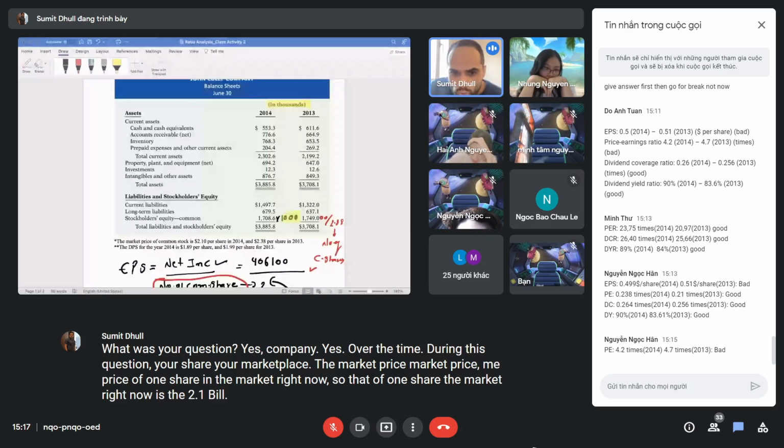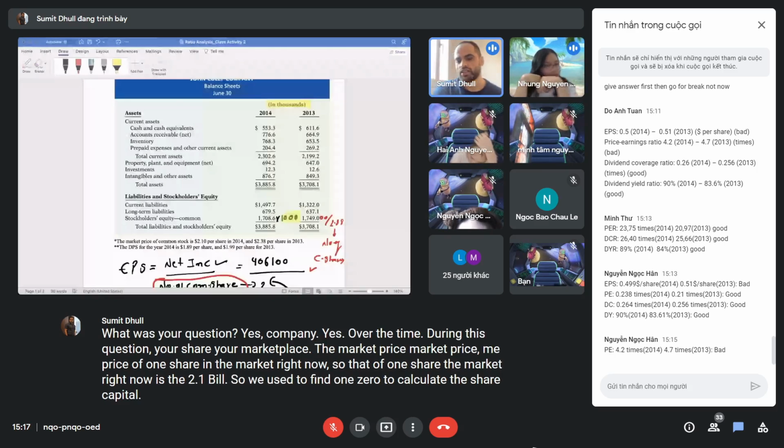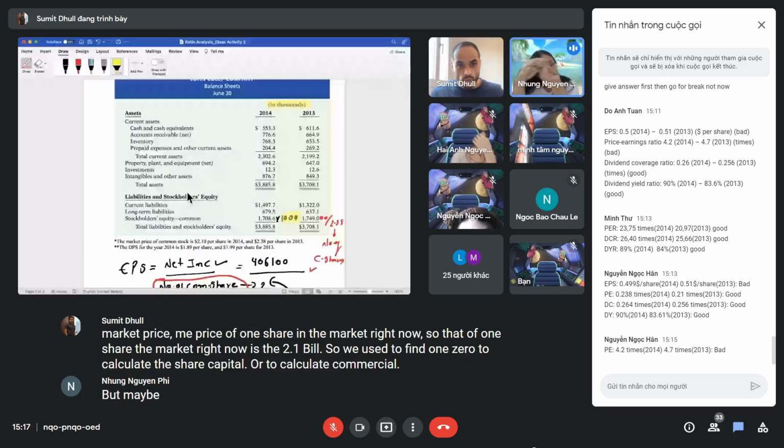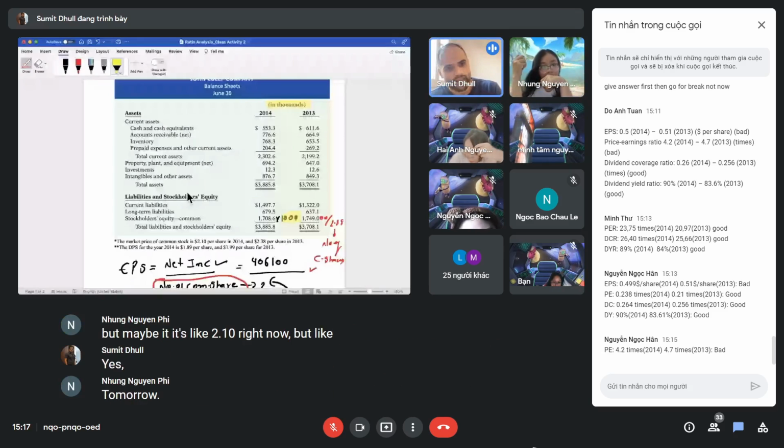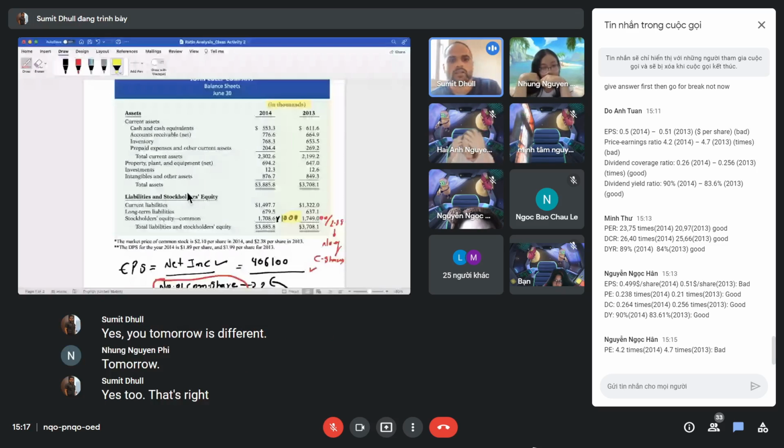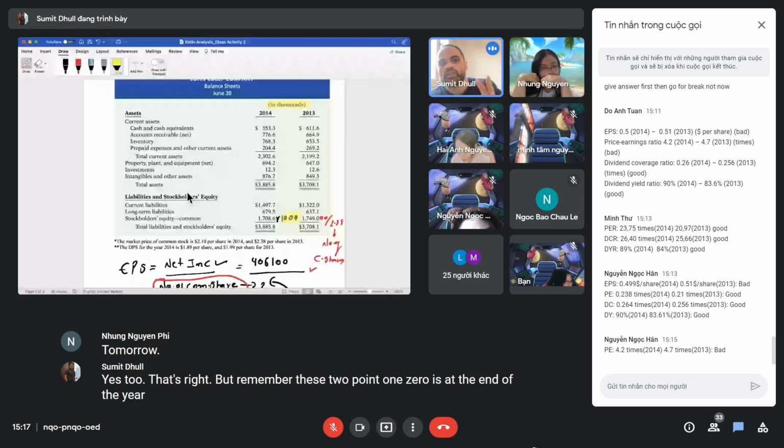So we use 2.10 to calculate. Maybe it's 2.10 right now, but tomorrow it is different. Yes, that's right. But remember, this 2.10 is at the end of the year when we are calculating this EPS.